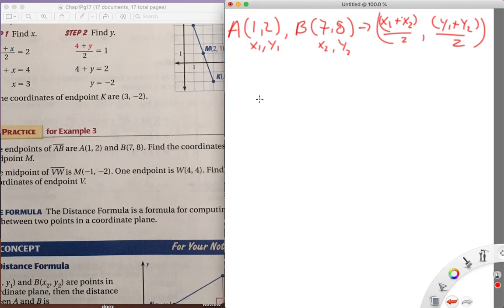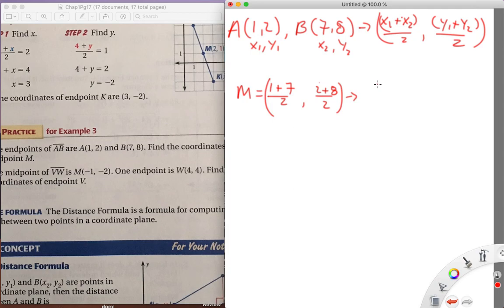So to find the midpoint of AB, or M, we'll just add. So midpoint, I'm going to call it M, equals 1 plus 7 over 2, and 2 plus 8 over 2.